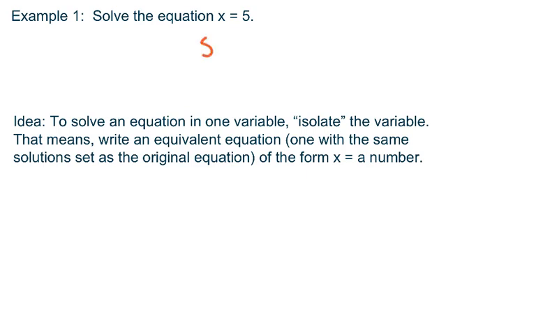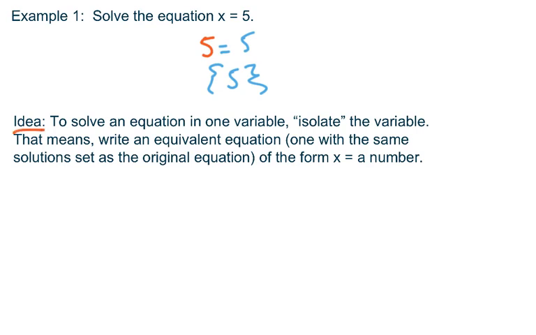The x would be 5. So the solution set of the equation would be the set containing the number 5. And although that seems rather simplistic, it does give me the beginning of a strategy for solving linear equations that are a little bit more complicated.